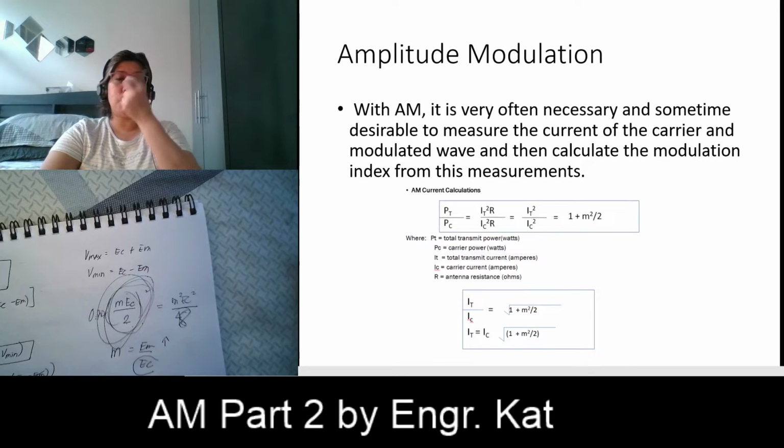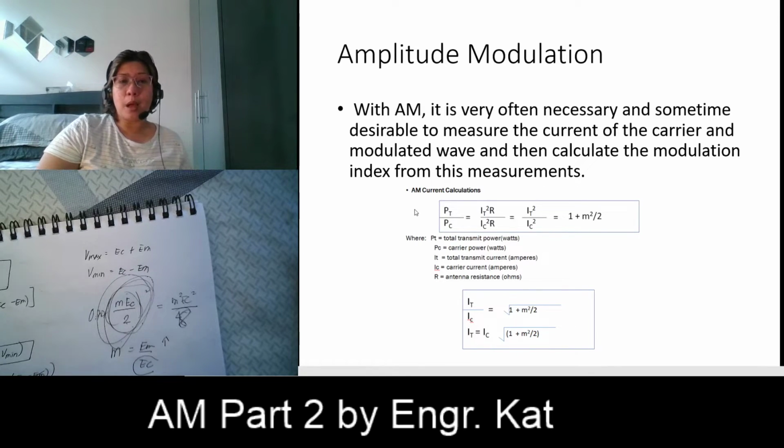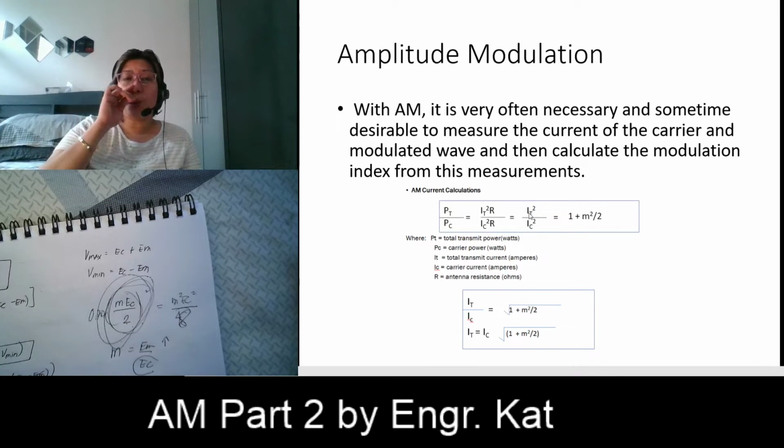So we can cancel out the R there, considering a properly matched system. That will leave us with IT squared all over IC squared.